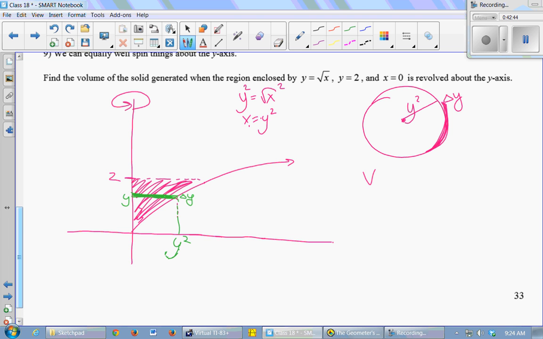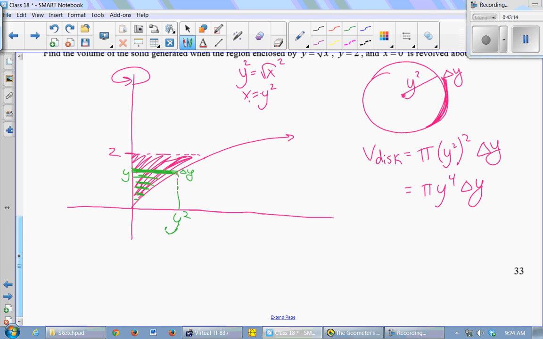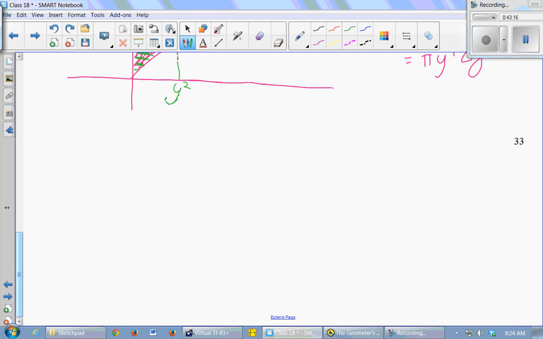Okay, so the volume of this disk is going to be pi times the radius, which is y squared, times delta y, or pi y to the 4th delta y. Then I'm going to add a bunch of these things up. I'm going to have all these little rectangles, n of them, rotate them all around the y-axis, and add up their volumes.